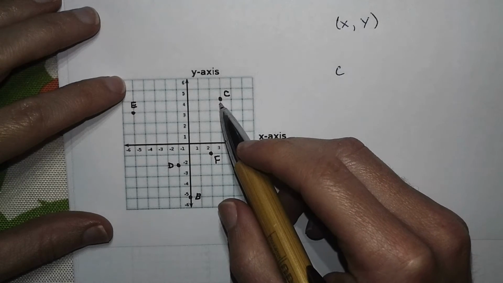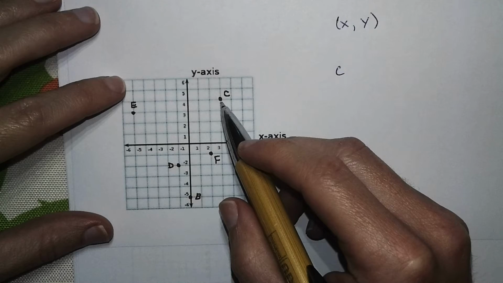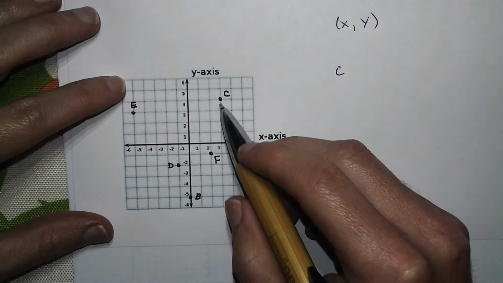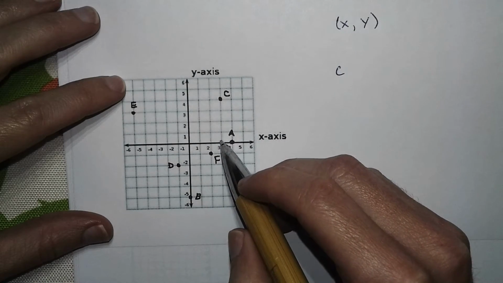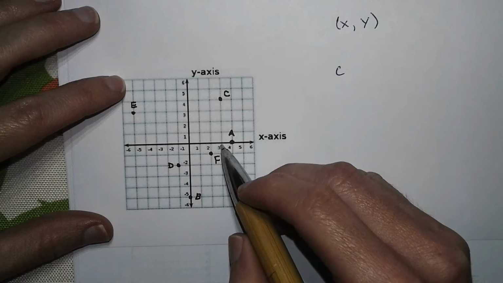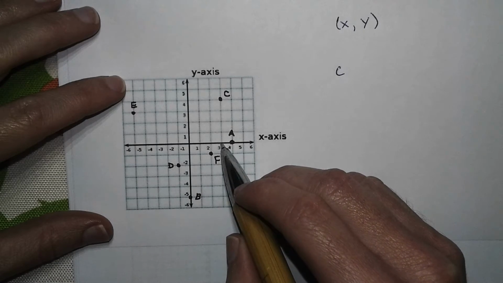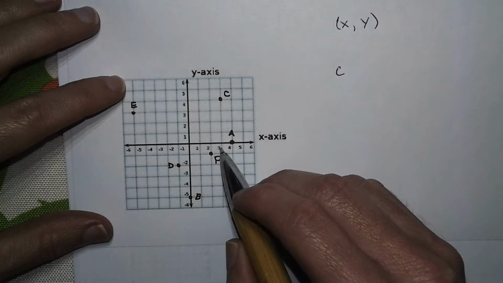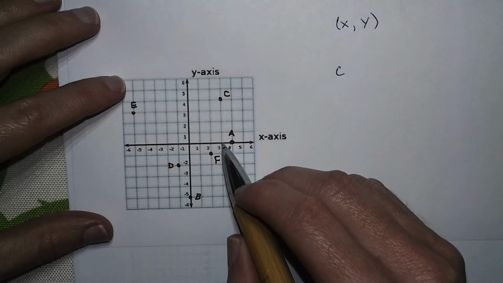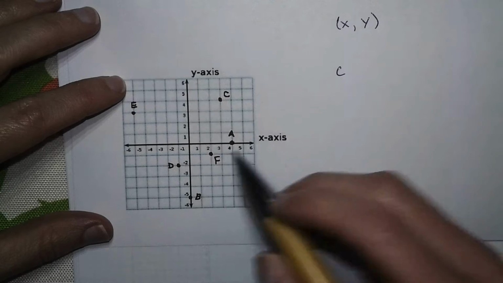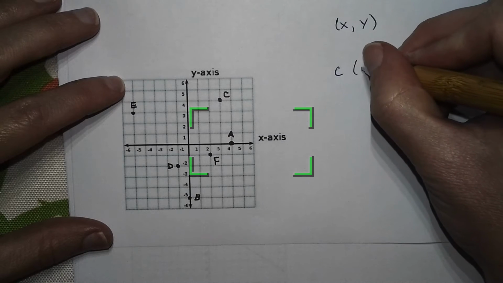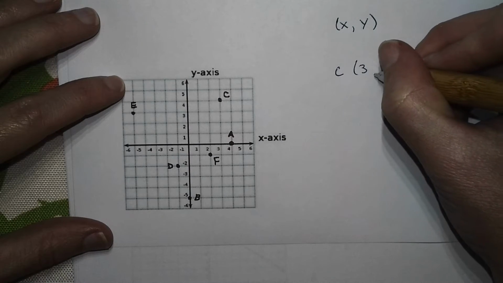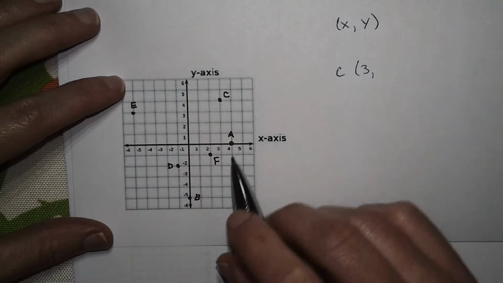C. I'm going to look at when I just follow my lines that are here. If I follow my line back to the x-axis, what number does that relate to on the x-axis? And if you can see right here, this is 3. So our x-coordinate is 3.